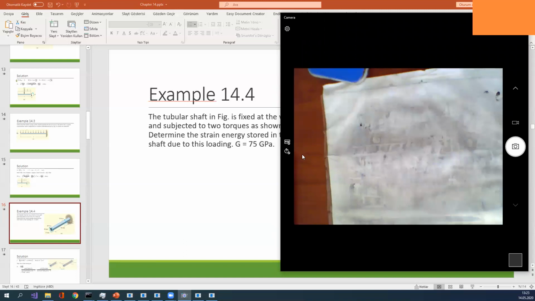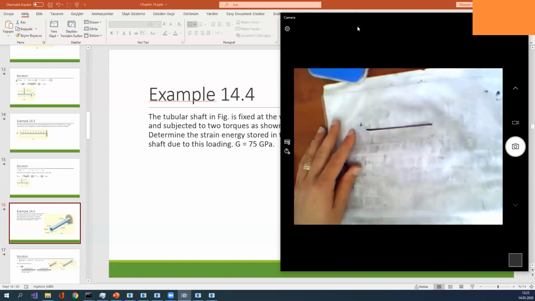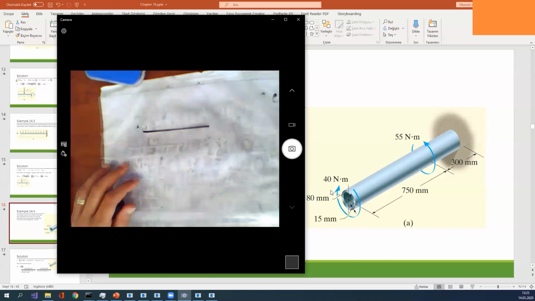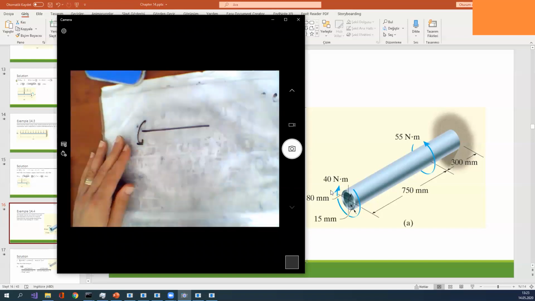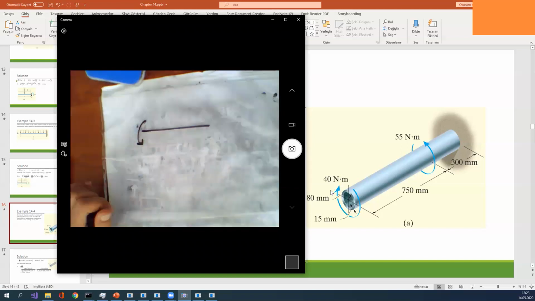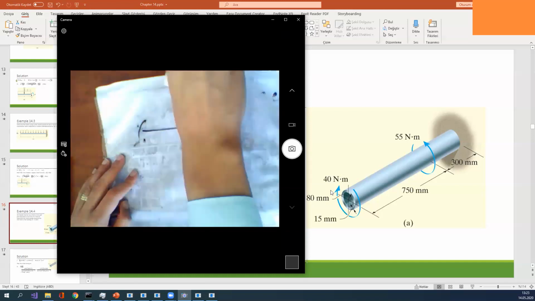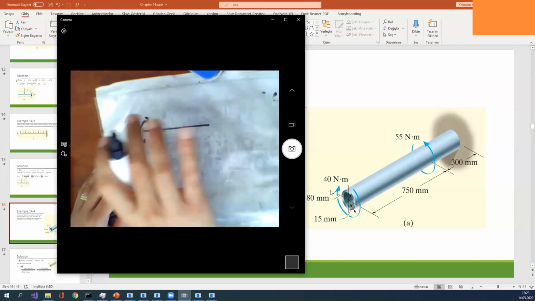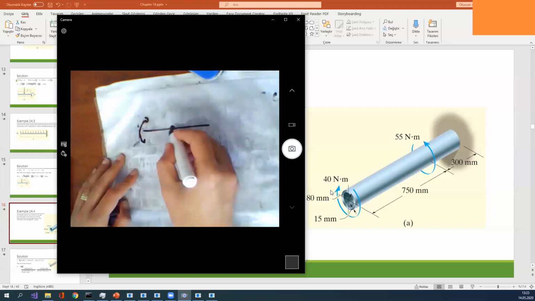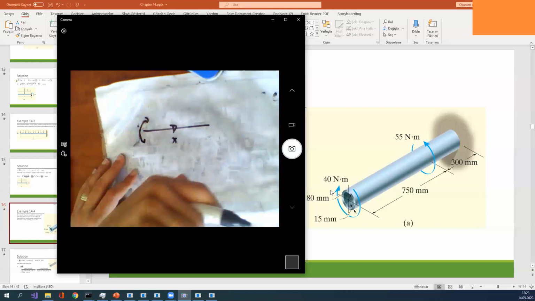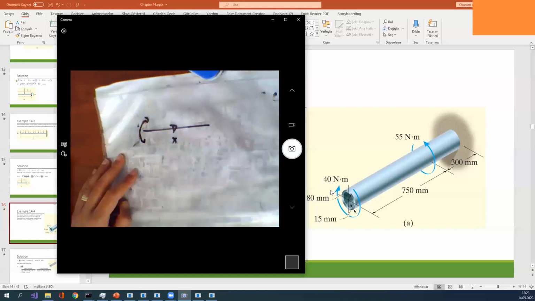We have a shaft like this. At the beginning of the shaft, we have a 40 torque, counterclockwise. It's up to me, and I can say no, I misdrew it in this direction. Right, this direction is positive. The x direction is positive, therefore the torque is positive.